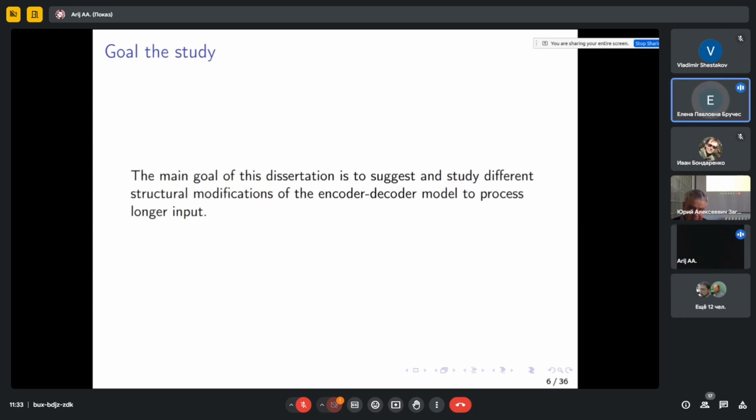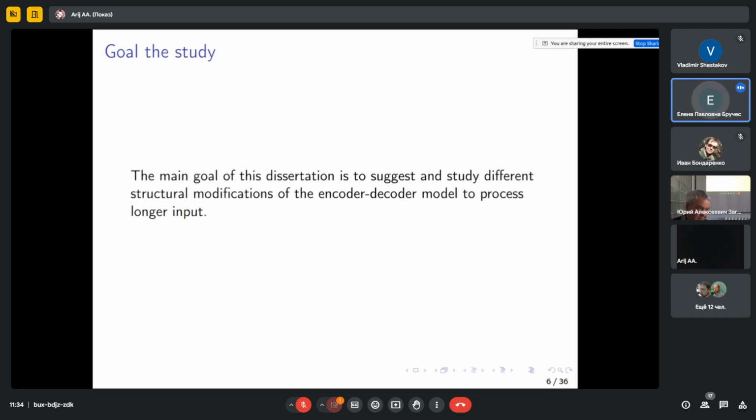Yeah, and the last minor notes. Probably it's better to define some terms in the beginning of the report, because not everyone who is listening to you is a specialist in NLP or even in machine learning.